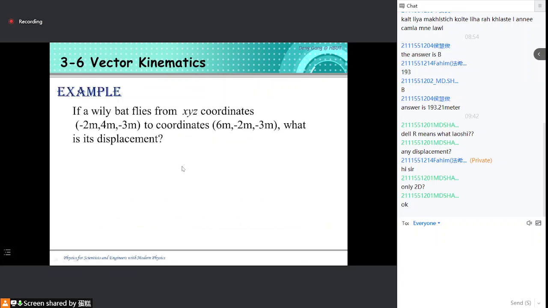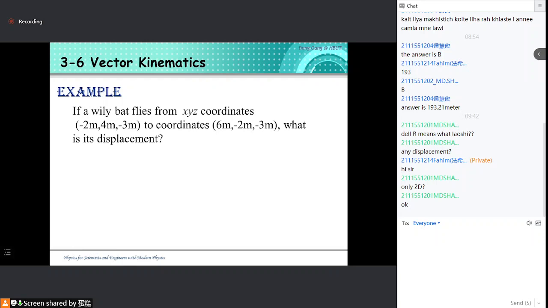Okay, so now let's finish this example. After we finish this example, we can finish all of today. If a bird flies from this coordinate to this coordinate, what is the displacement? This example will show you that if you use the component form, it is much simpler.